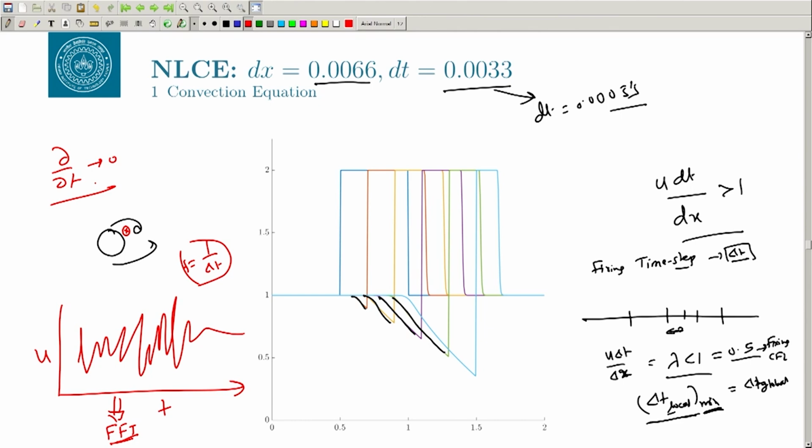In that, the bound on the CFL number is not necessary. Like we are seeing that lambda should be less than 1, that is not necessary. You can jump over the cell, and as long as you are getting convergence and your del u by del t term is going to 0, it should be fine. So, you are not worrying about what is happening in the intermediate steps. That is what it means.